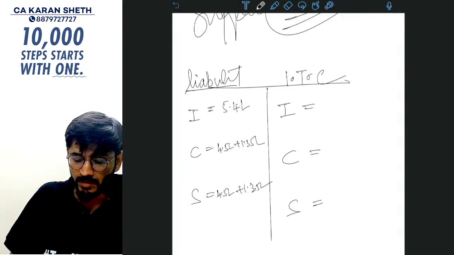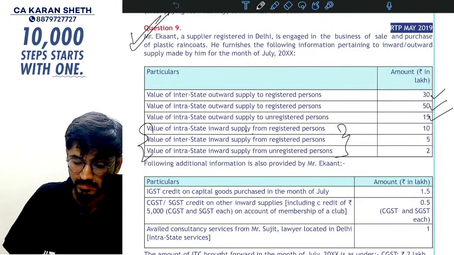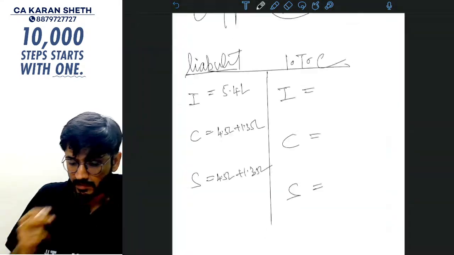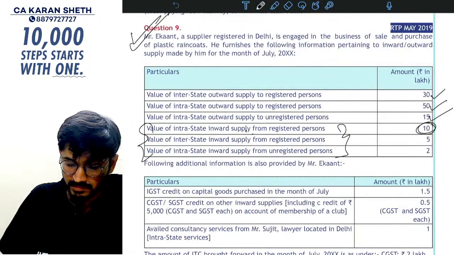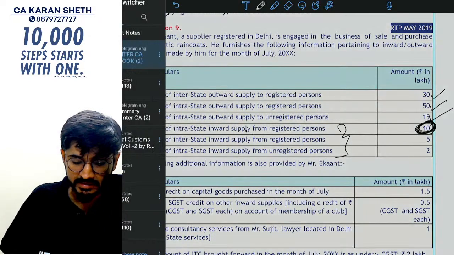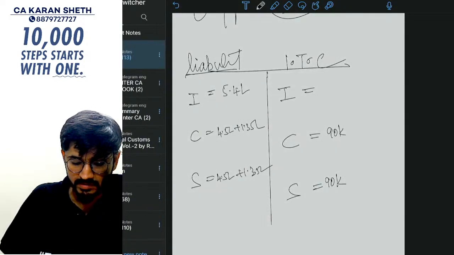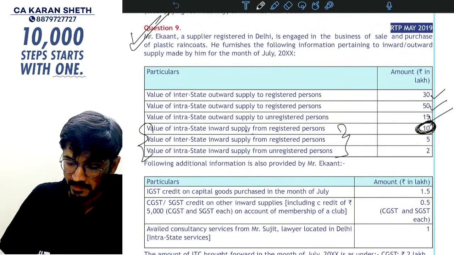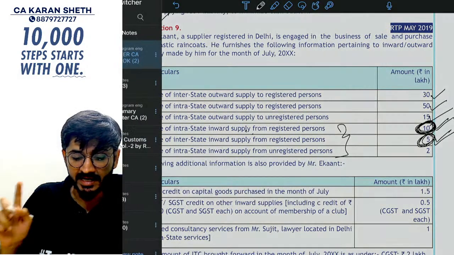Intra है, intra. ओके, इंट्रा समझते हो ना, सी और एस. इंट्रास्टेट इनवर्ड सप्लाई. ओके, तो क्या होगा वो इंट्रास्टेट इनवर्ड सप्लाई. तो दैट्स सी और एस. 90,000, 90,000. इंटरस्टेट इनवर्ड सप्लाई फ्रॉम रजिस्टर्ड पर्सन 5 लाख. तो 5 lakhs का 18% 90,000.